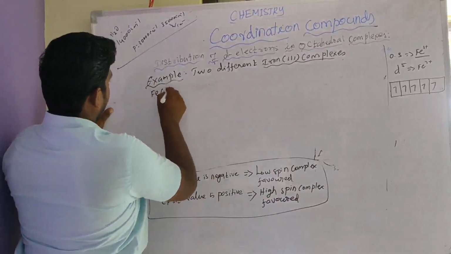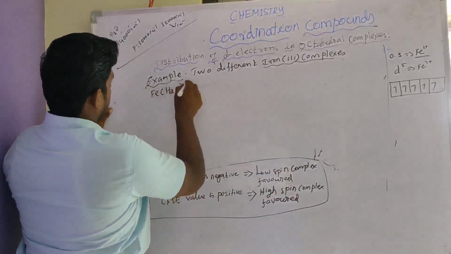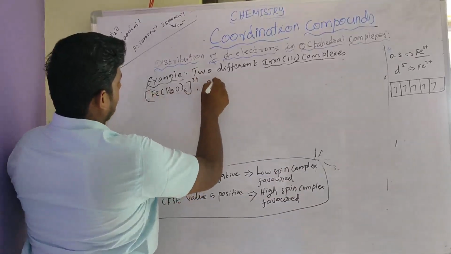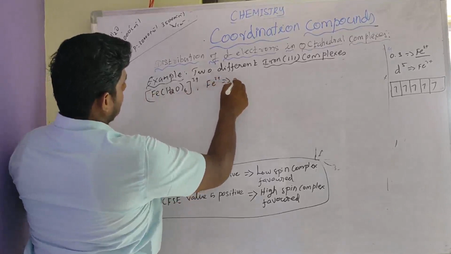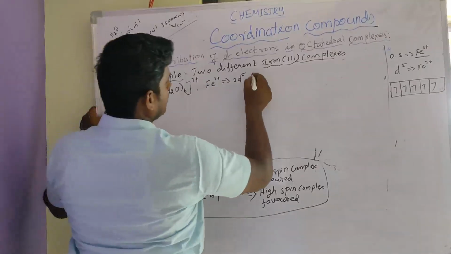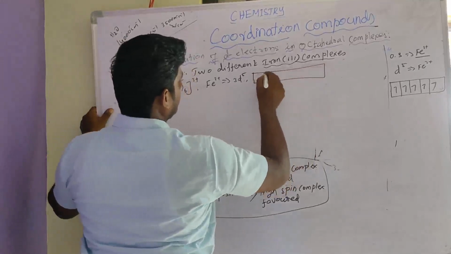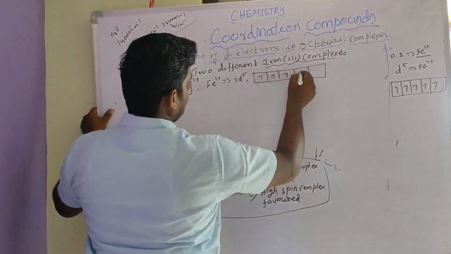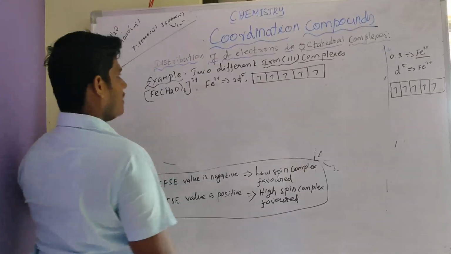[Fe(H2O)6]3+. Here Fe3+ contains a 3d5 system, so it contains 5 d electrons: 1, 2, 3, 4, 5 d electrons present.